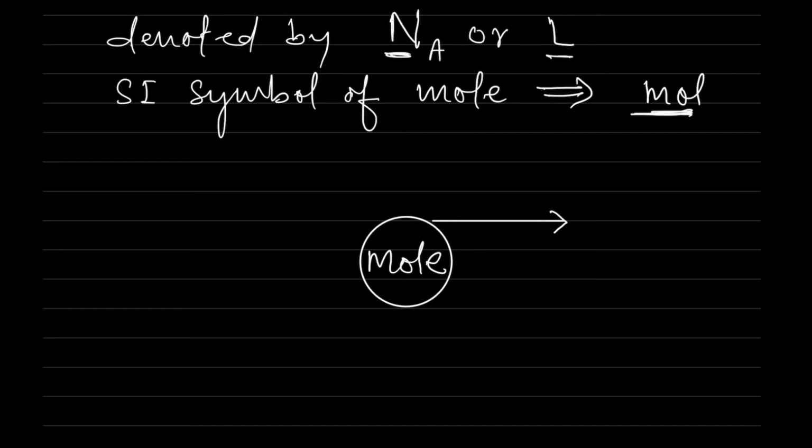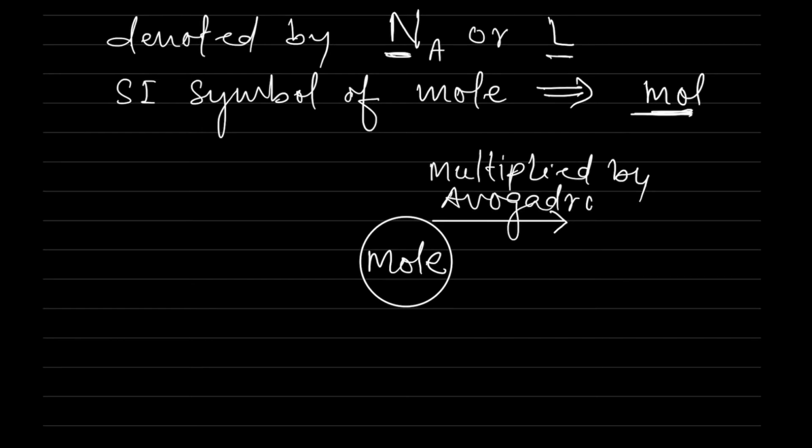So mole can be converted into number of particles by multiplying by Avogadro's number.